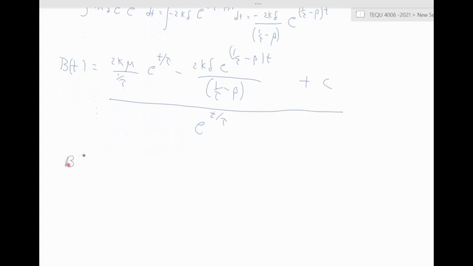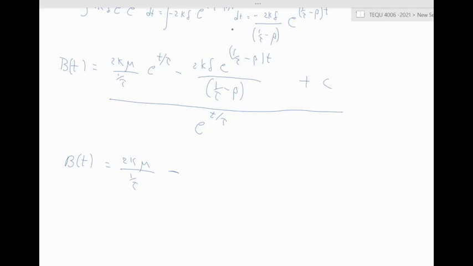If we simplify a little bit all this, you can see that the first e to the t over tau cancels out, so we get the 2k mu over 1 over tau, and that's it. For the second one, if we take a look, that t over tau is also back there, so that also disappears from that expression.